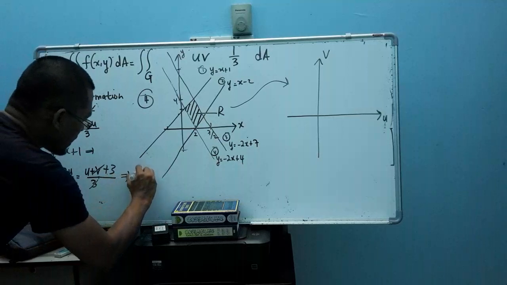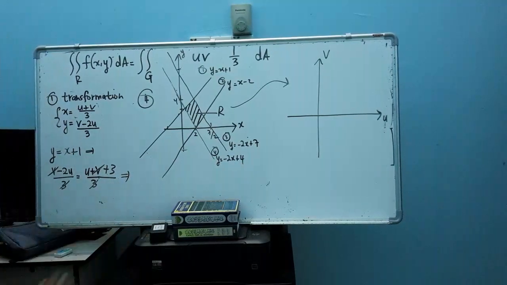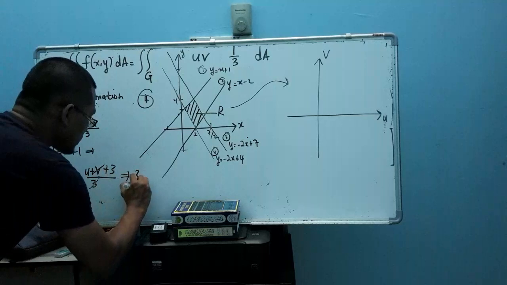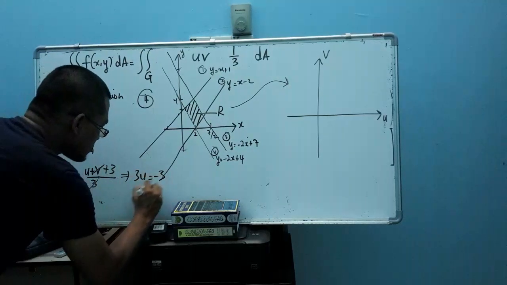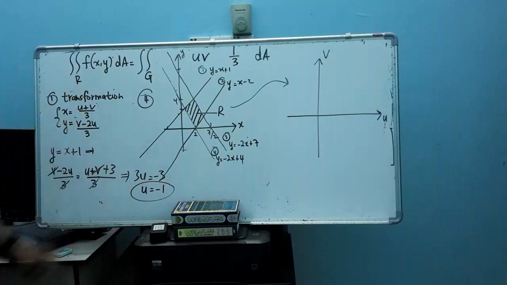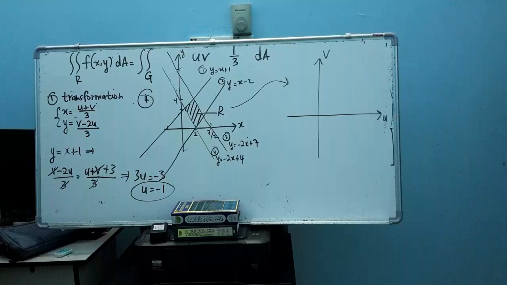So 3u equals minus 3, meaning that u equals minus 1. From our calculation, we substituted our transformation, and u equals minus 1.